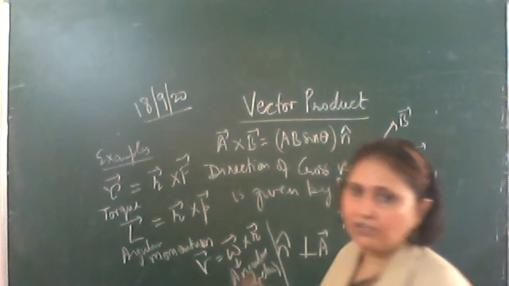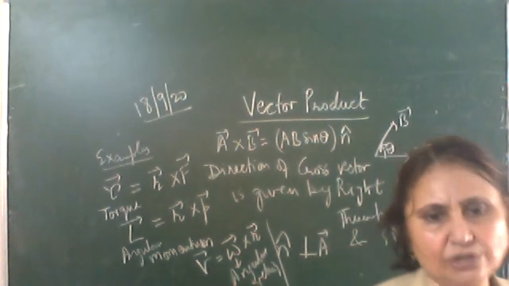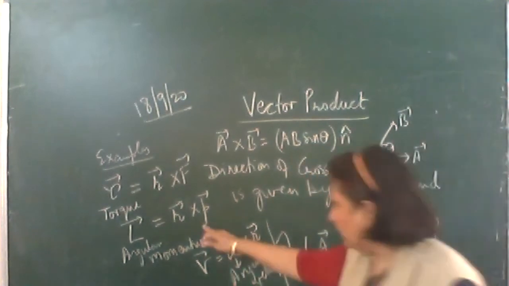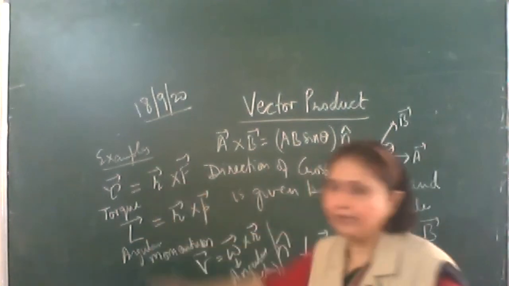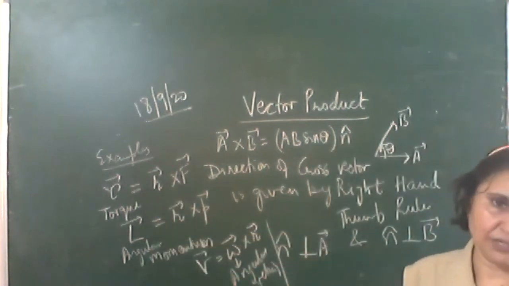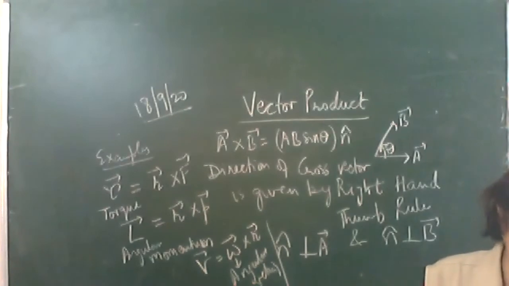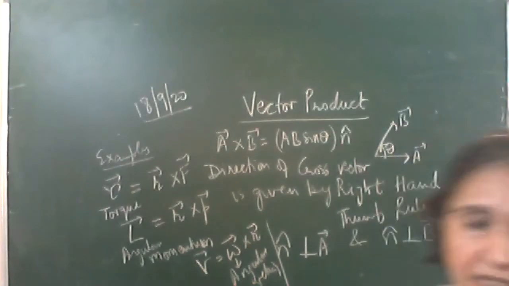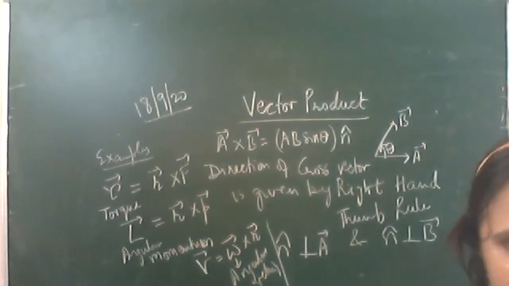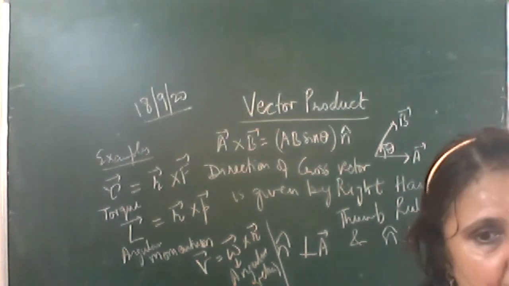So linear velocity is angular velocity cross r vector. So everywhere we are multiplying two vectors and the product is a vector quantity. That is why it is called the vector product or the cross product. Clear?